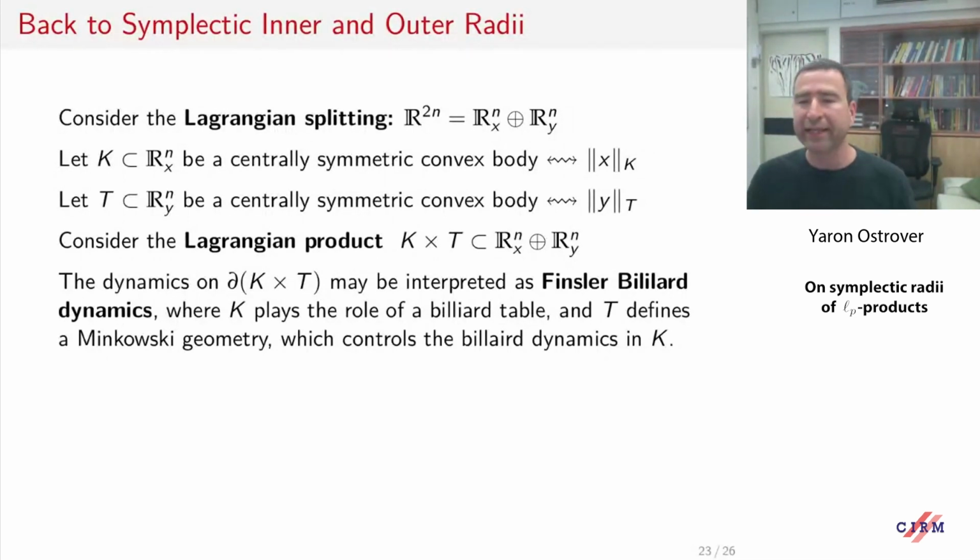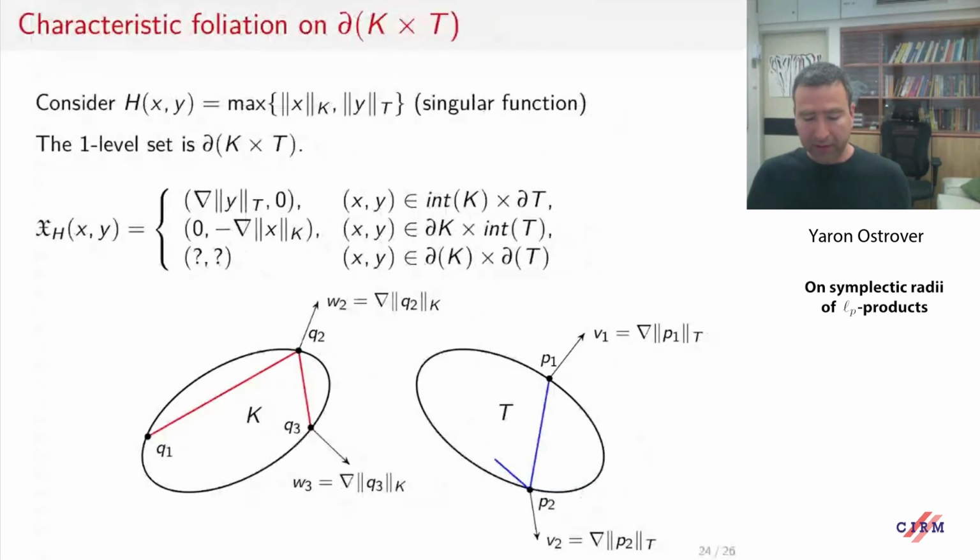So at least in the case of p equals infinity, when we take the actual product of two convex domains with respect to this Lagrangian splitting, we have a very precise Hamiltonian dynamical system, which is to play billiard in one of these domains with respect to the geometry that is induced by the other domain. So what do I mean by that?